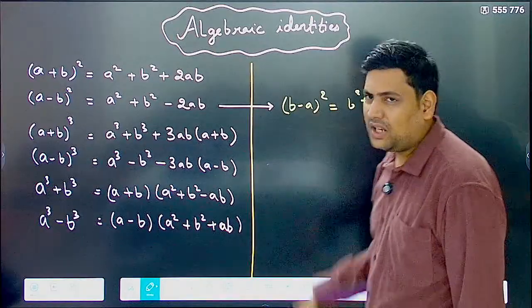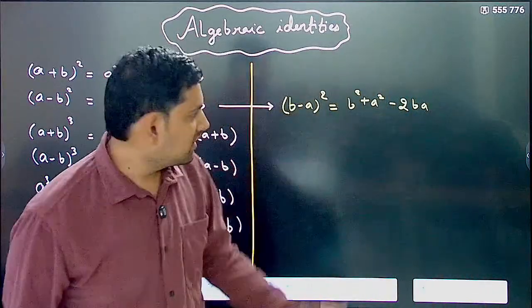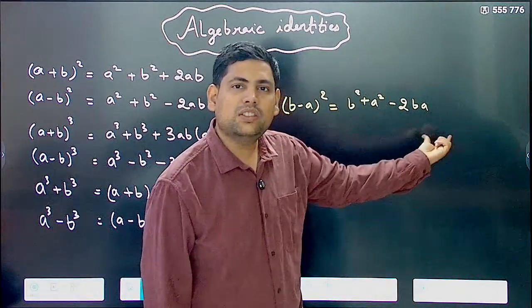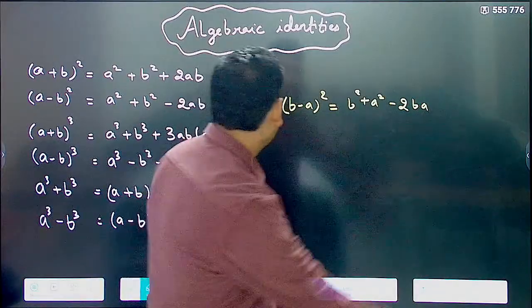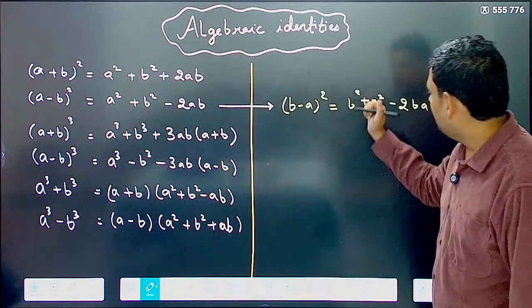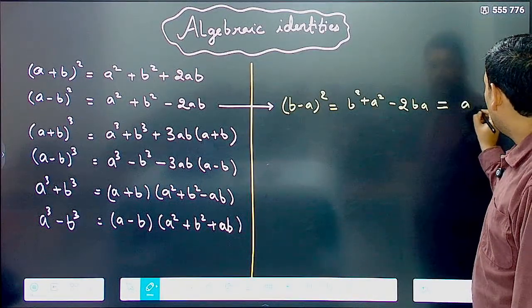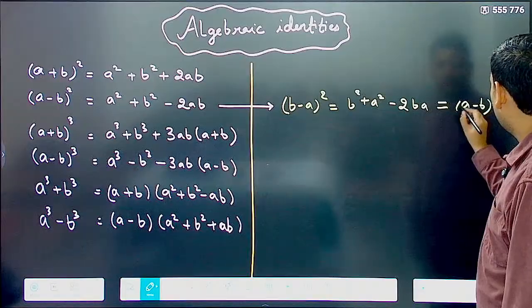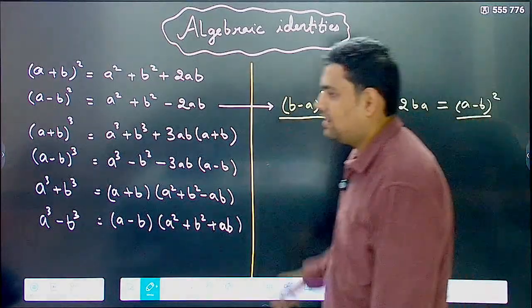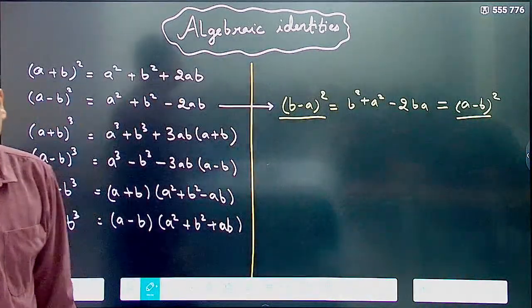But isn't ab and ba equal? Correct. They are just multiplication of two numbers. 2 into 3 is equals to 3 into 2. Correct. So ultimately this is exactly equal to a minus b whole square. B minus a whole square is equals to a minus b whole square.